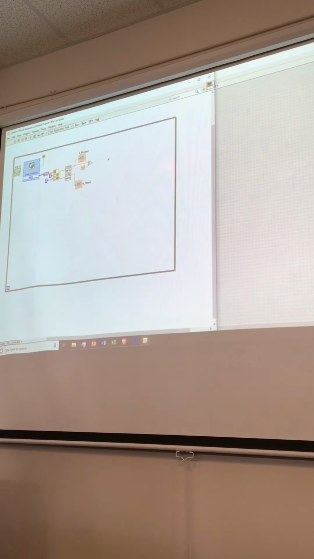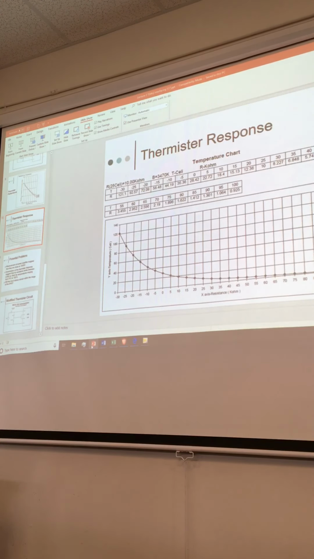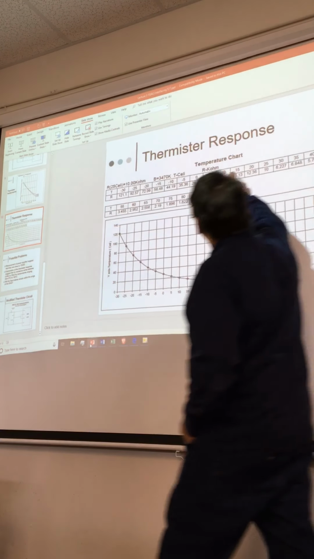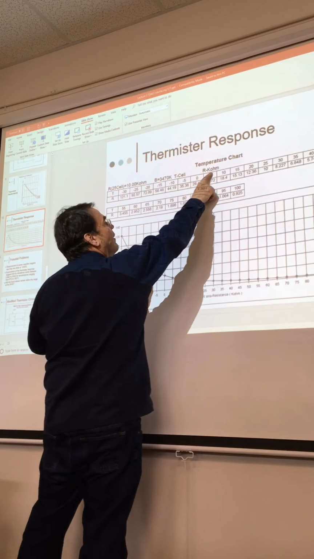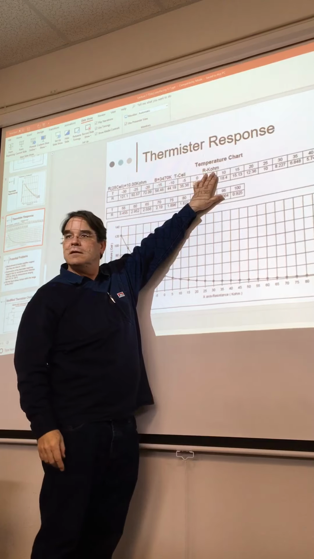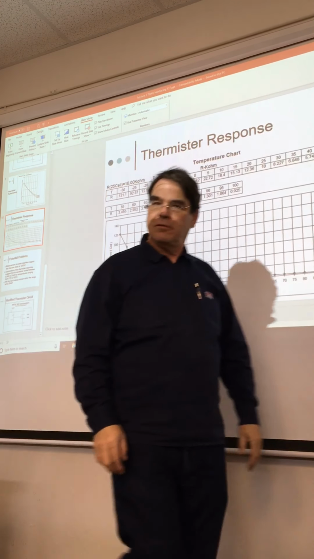But what units am I going to get out of here? In this expression, what units am I going to get out of here? We're working this equation here, so what are my units? Well, they're going to be whatever the units of this is, right? And if I look at my graph here, and all of the data on the top here, the R is in kilo ohms.